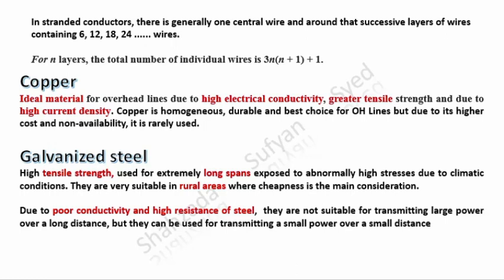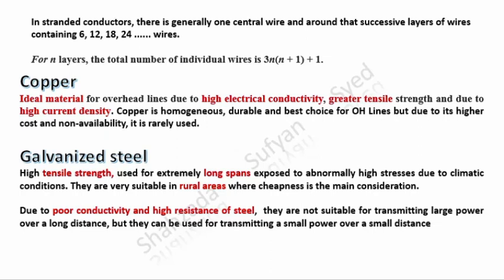Next we have galvanized steel. Galvanized steel offers higher tensile strength, and it can be used for extremely long spans where the conductor is exposed to abnormally high stresses due to the climatic conditions.